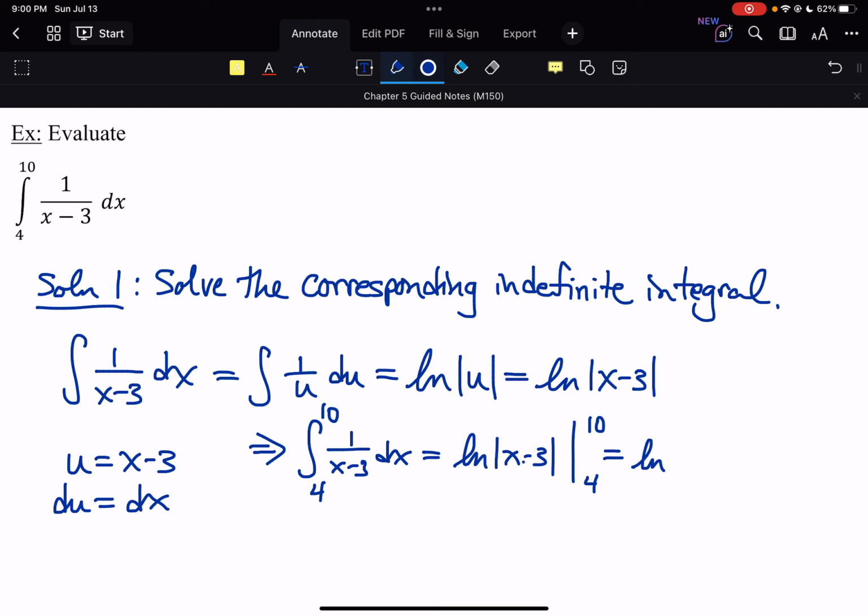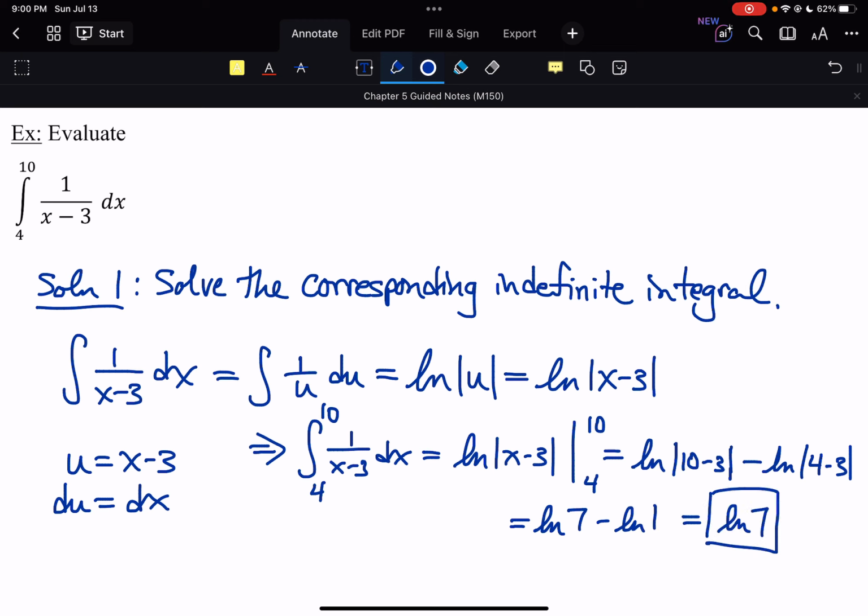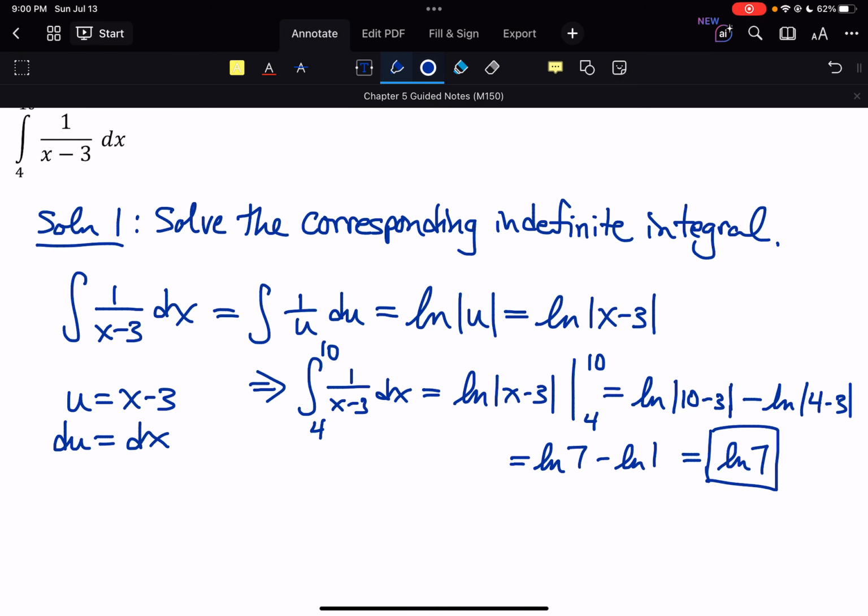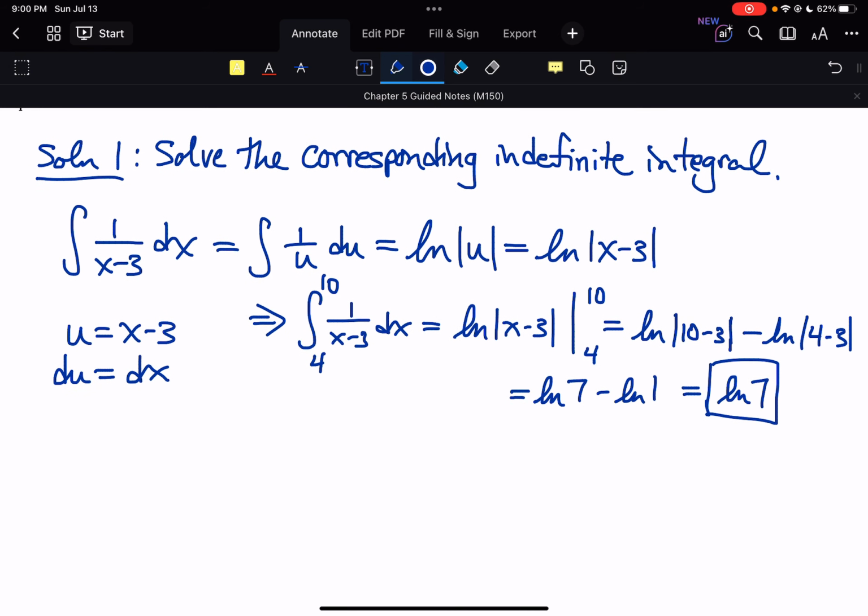So we get ln of 10 minus 3 minus ln of 4 minus 3. So that's ln of 7 minus ln of 1. ln of 1 is 0, so we can go ahead and just put ln of 7. And that would be our solution.